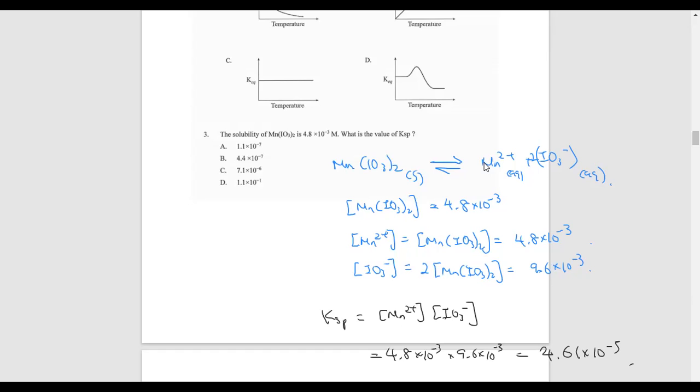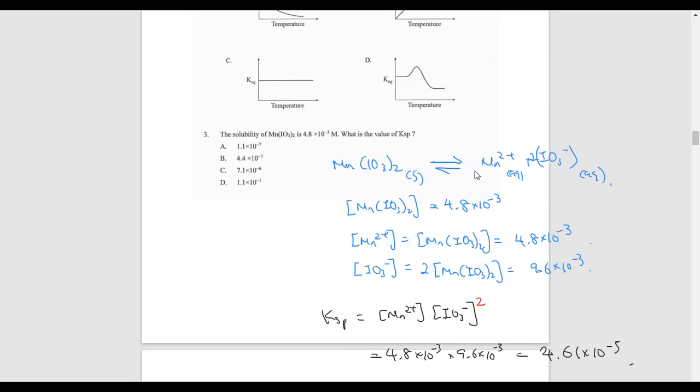So Mn(IO3)2, we give you Mn2+ and 2IO3-, equals 4.8 times 10 to the negative 3. Oh, of course, I should square this, right? Of course, the Ksp should be related to your ratios.